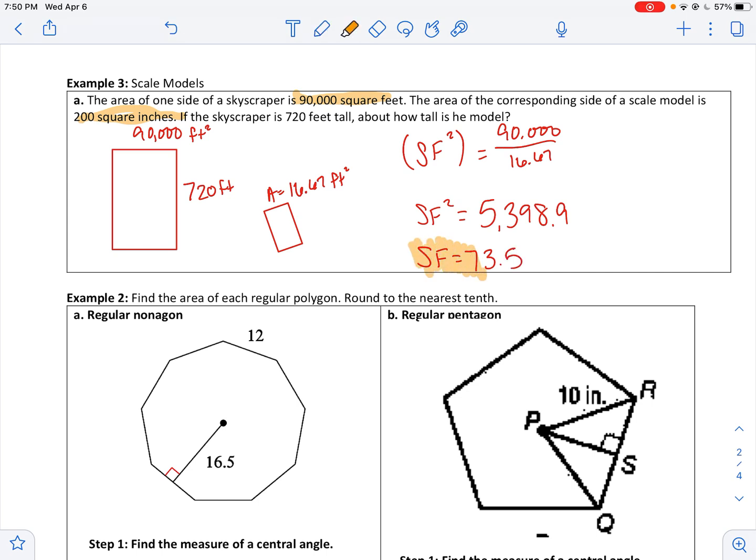So if my scale factor is 73.5, I can use that to find the missing height of my scale model.